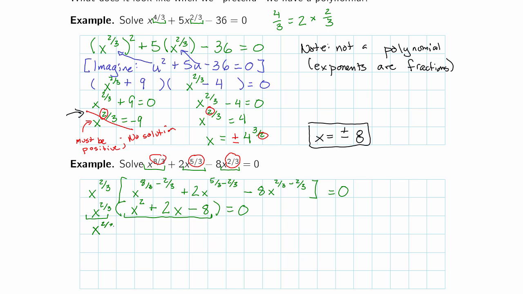X to the 2/3 times, the leading coefficient is 1, so I can use the shortcut. I want two numbers whose product is -8 and whose sum is +2. So x plus 4, x minus 2.